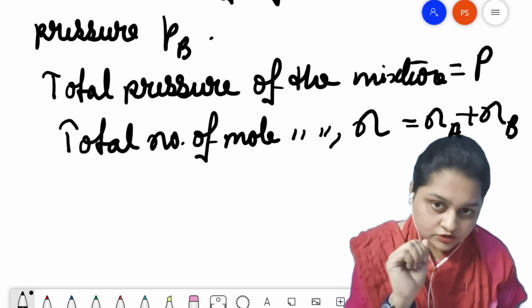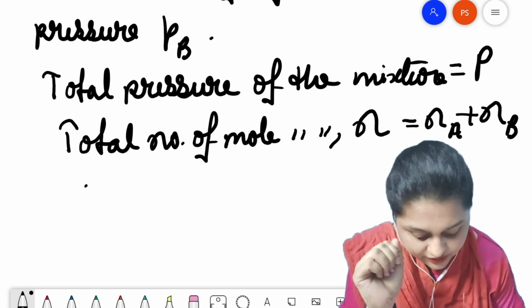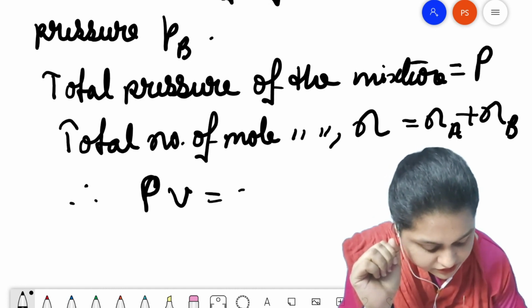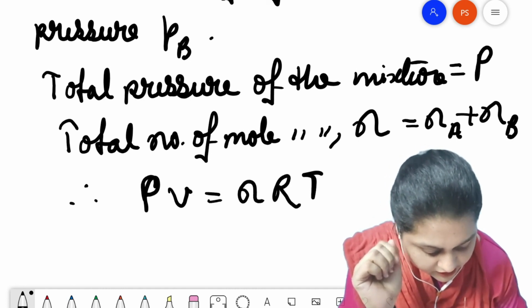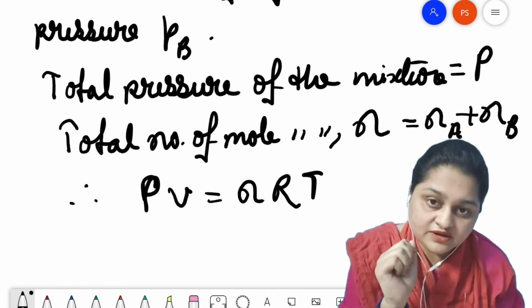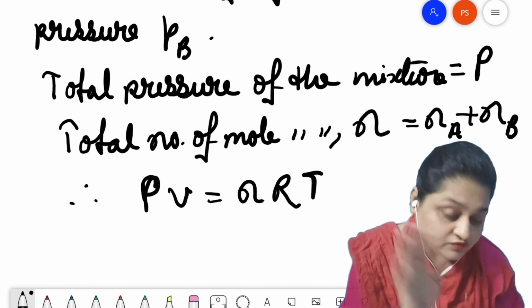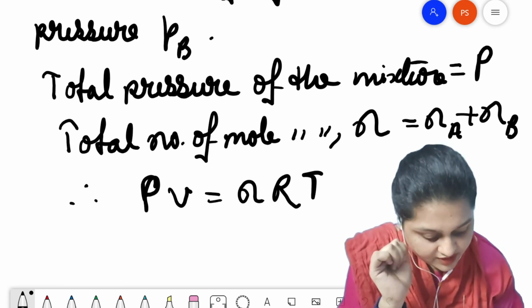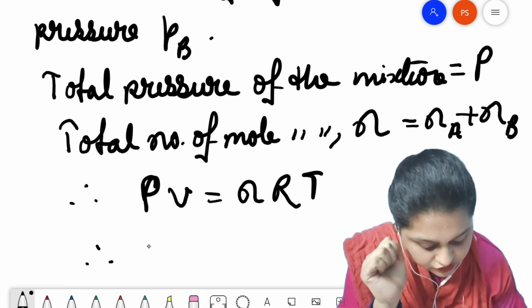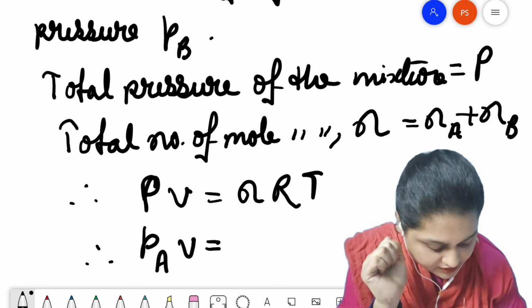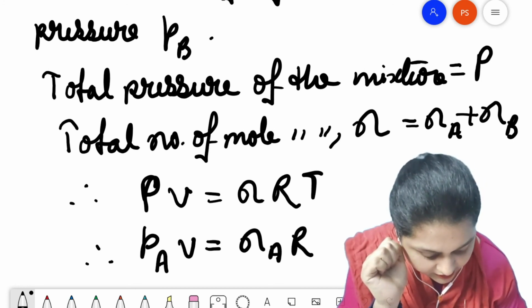Now, according to the ideal gas equation, you can write PV equals nRT. The mixing is happening in the same volume at the same temperature. That's why the pressure and volume are not changing. And for the individual gases, Pa V equals Na RT.